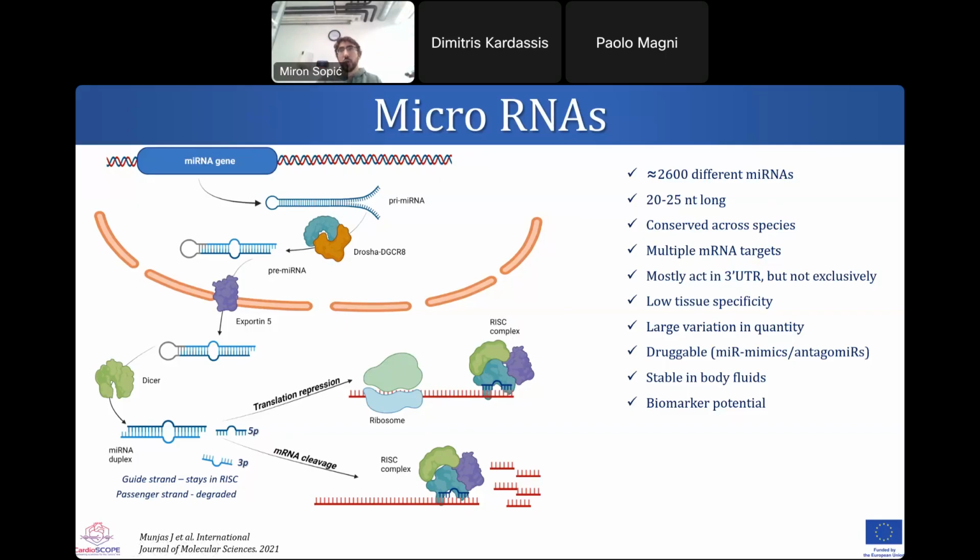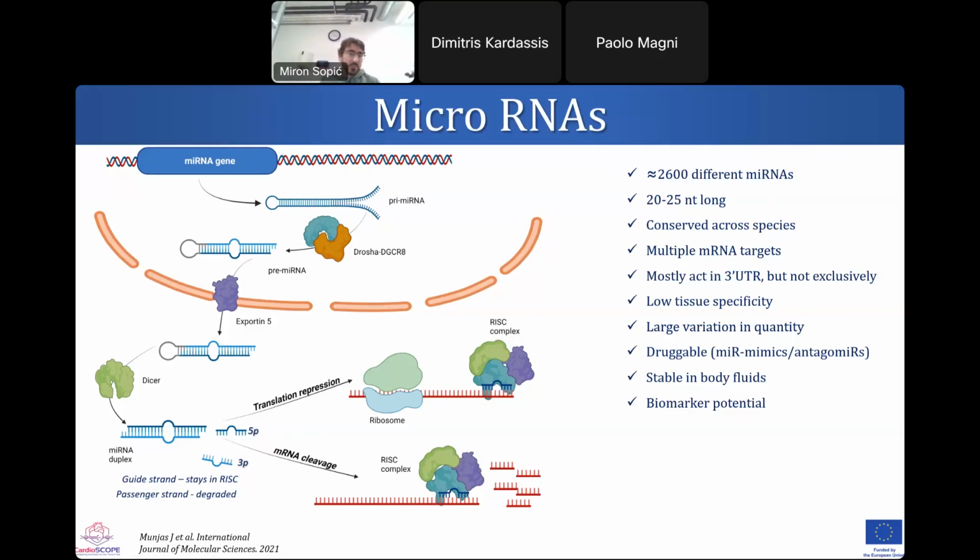So you basically don't destroy anything, you just stall the translation. And the other path that this story can take is mRNA cleavage, where basically when the RISC complex binds to the target mRNA, it causes the mRNA to be completely destroyed.